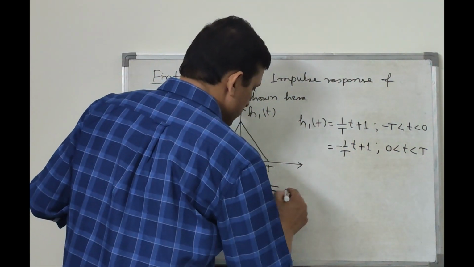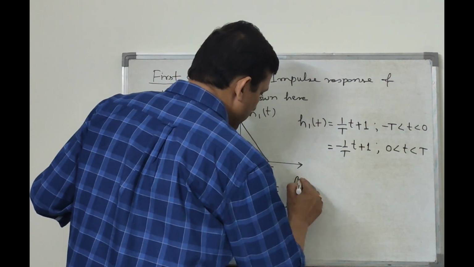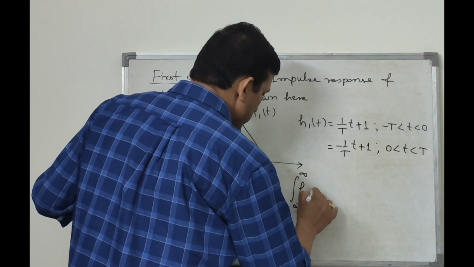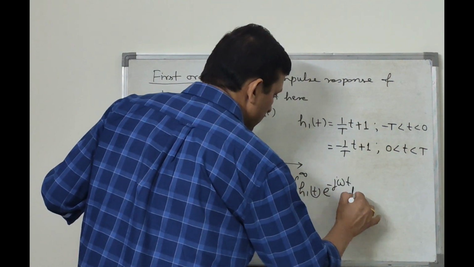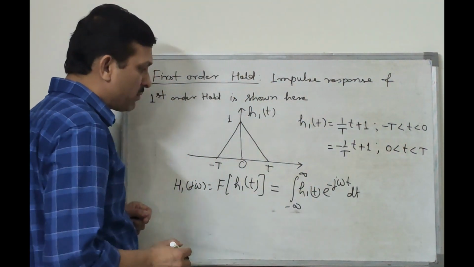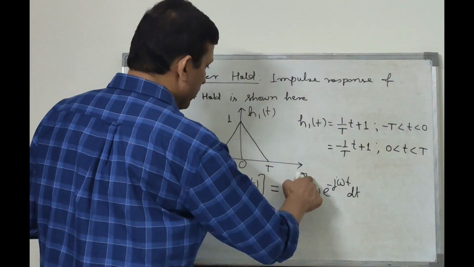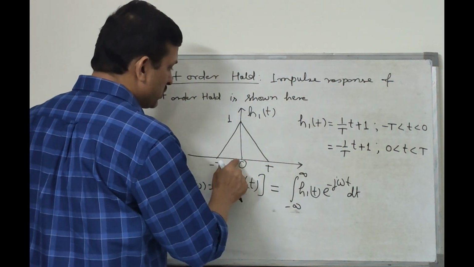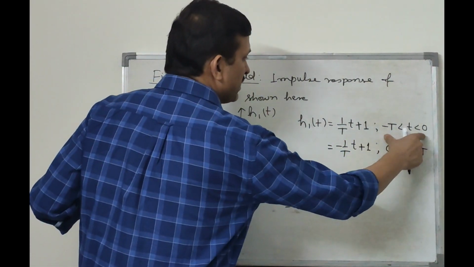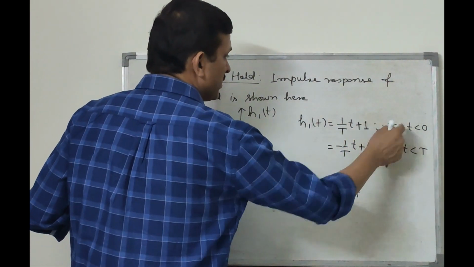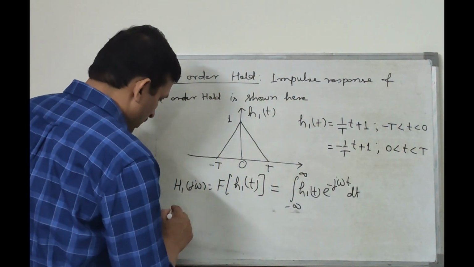The definition is the integral from minus infinity to infinity of h1(t) e to the power minus j omega t dt. Because the impulse response is divided in two different intervals, we will divide this integral in two parts, minus T to 0 and 0 to T.